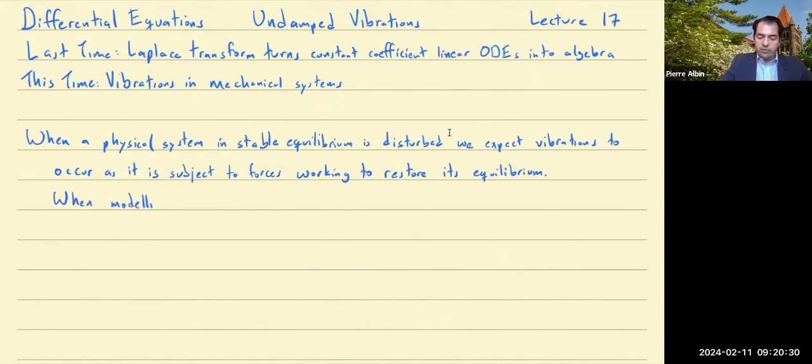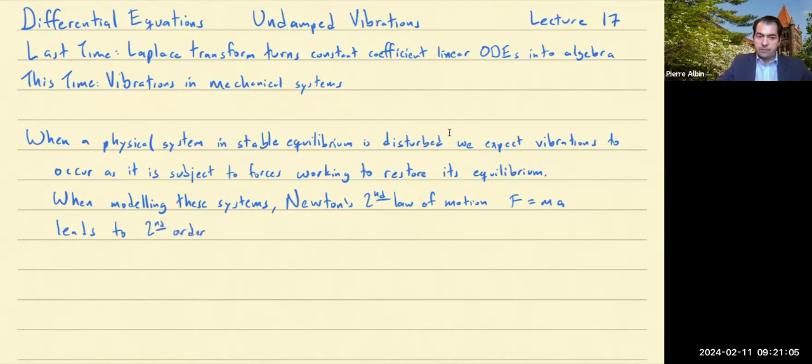When modeling these systems, Newton's second law of motion, F equals ma, leads to second order differential equations.